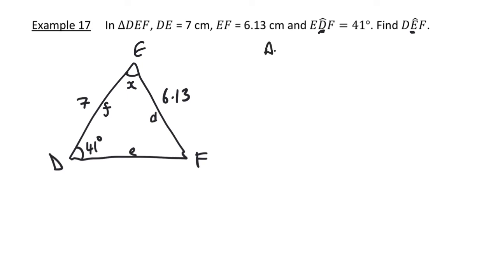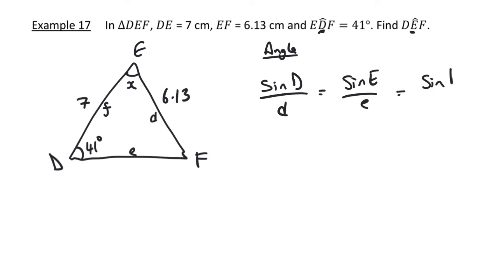So we're trying to find an angle. So whenever we do sine rule, it's going to be sine A, but in this case it's sine D over side d equals sine E over side e equals sine F over small f.